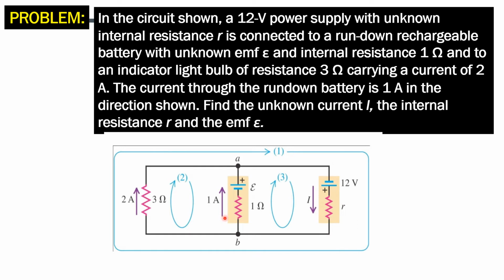And this, in turn, is connected to a light bulb, an indicator light bulb, with a resistance of 3 ohms, and there is a current passing through it, current of 2 amperes.